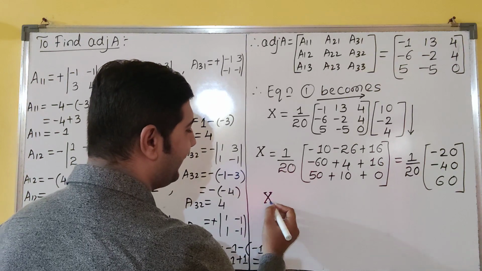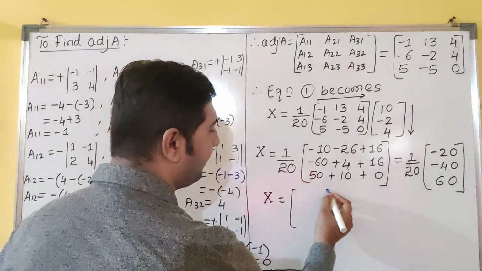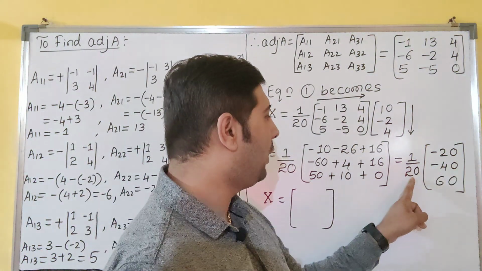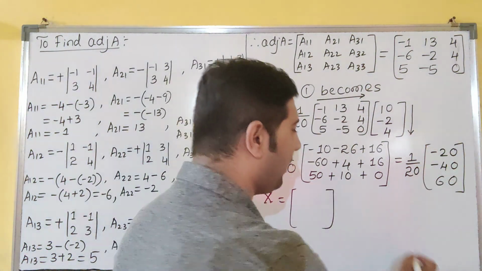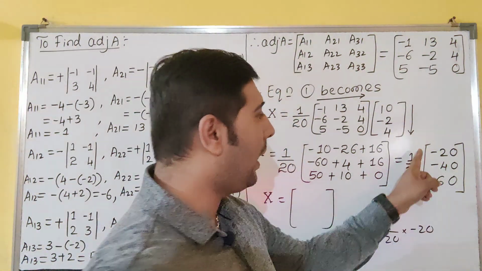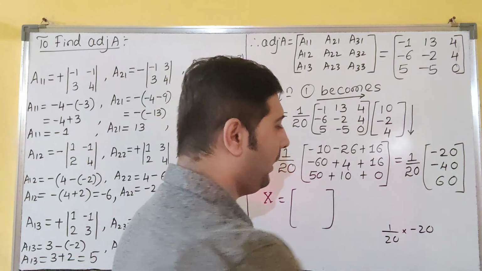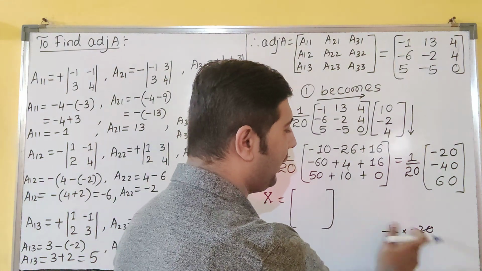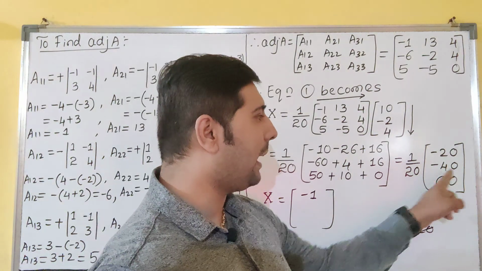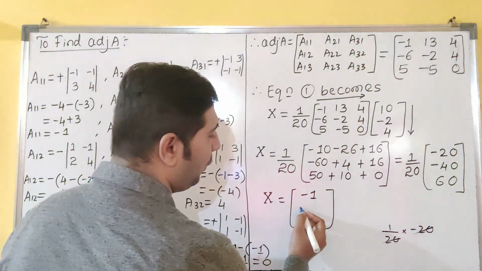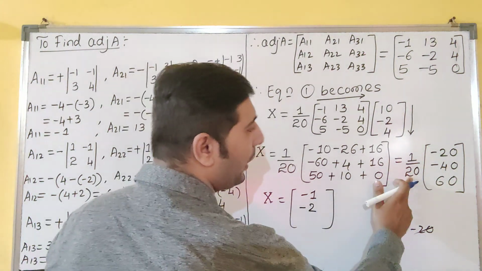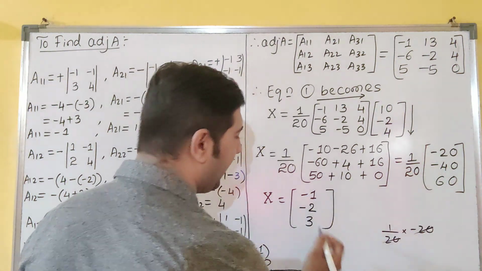So now see here. What will happen? 1 by 20 you multiply with minus 20. 1 by 20 into minus 20, 20 gets cancelled. 1 into minus 1 is minus 1. 2 20s are 40, there is minus, minus 2 you will get. 3 20s are 60, 3 you will get dear students.